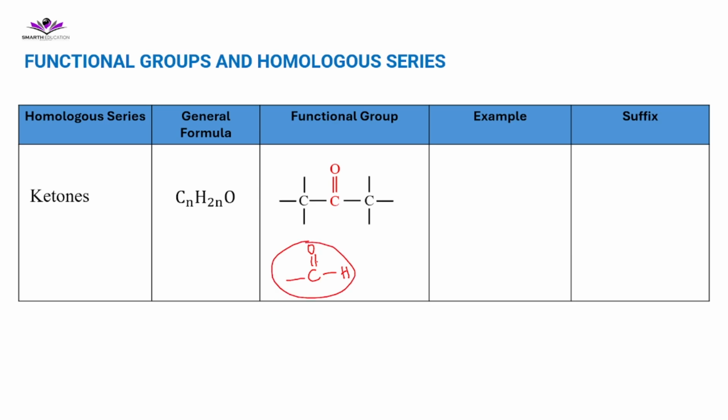But now for the ketones, this carbon oxygen bond is in between carbons. A good example would be propanone, which is like this. We have this suffix in the naming, one, propanone, butanone, like that. Okay, these two, ketones and aldehydes, are called carbonyl containing compounds.